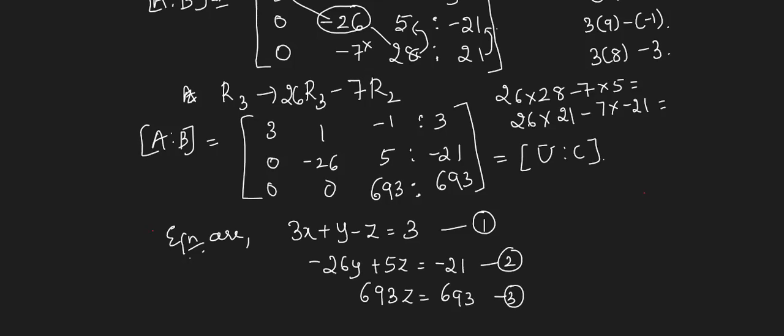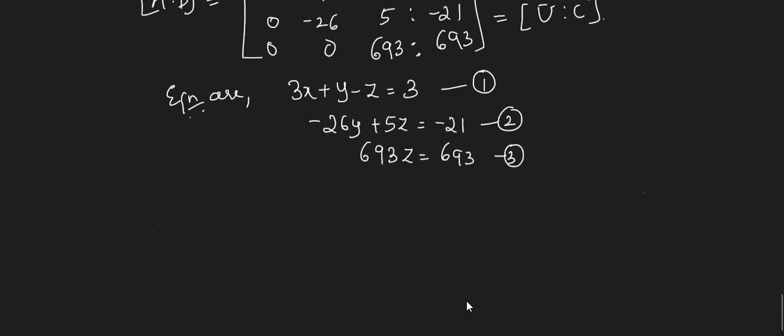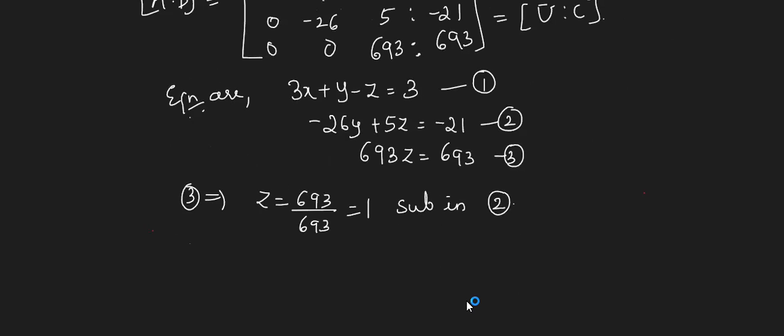So how to solve it very easily? Go backwards. From equation 3, the Z value is 693 upon 693, which means you will get 1. Correct? This is to be substituted in equation 2. So minus 26y plus 5 into 1 is equal to minus 21.